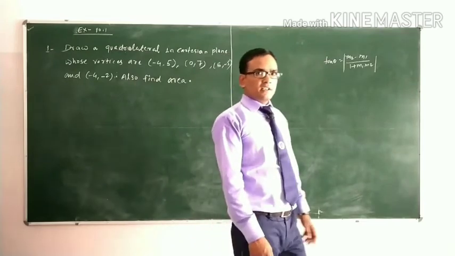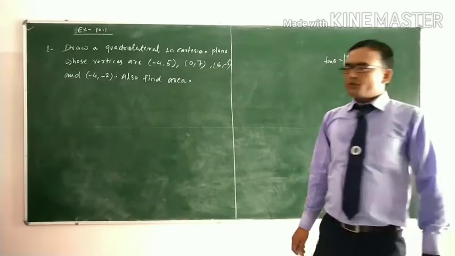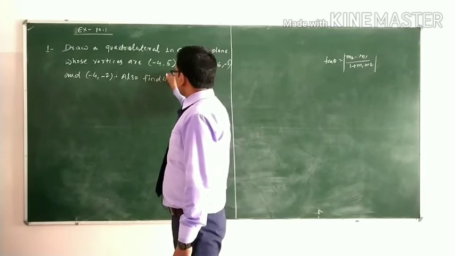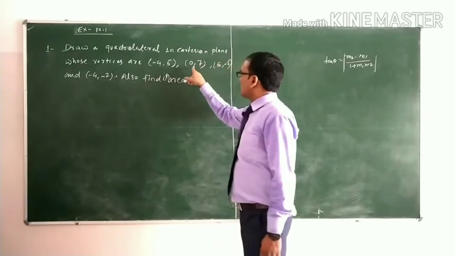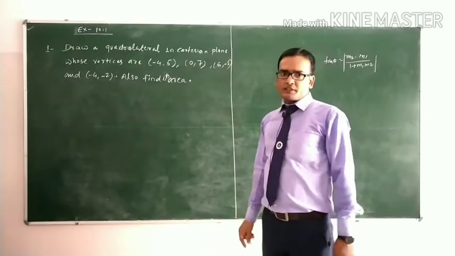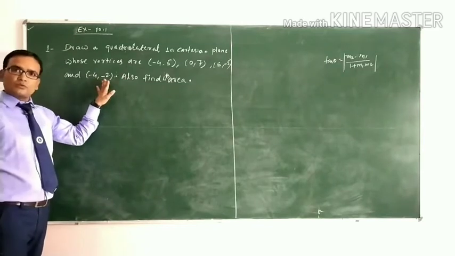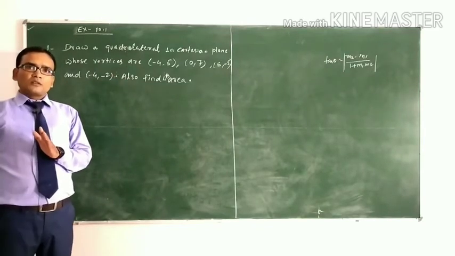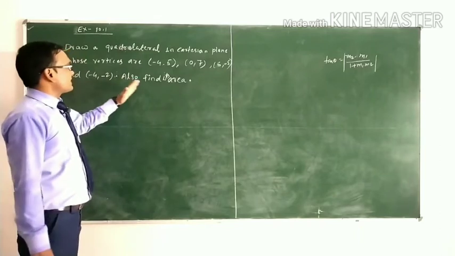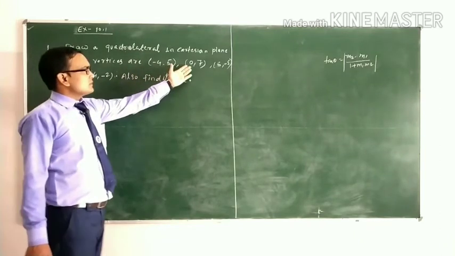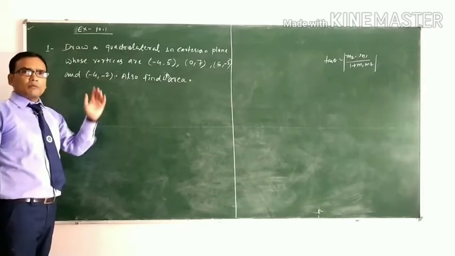That means we find the area of the quadrilateral whose vertices are minus 4 comma 5, 0 comma 7, 5 comma minus 5, and minus 4 comma minus 2.